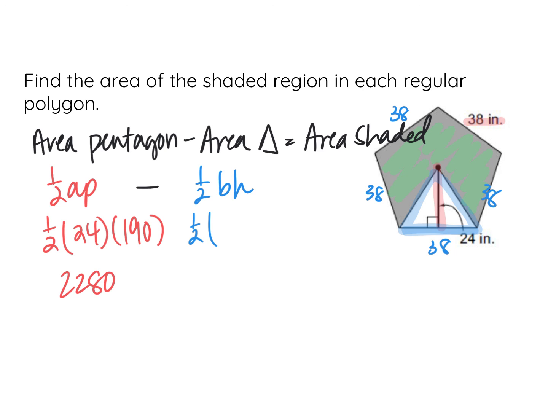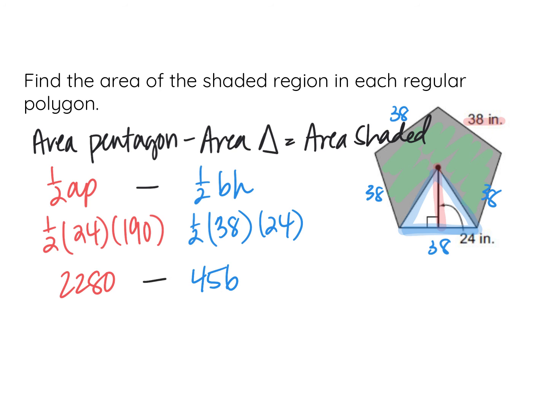So we know that the base is 38 and the height, which is the same as the apothem, is 24. So that is 456.